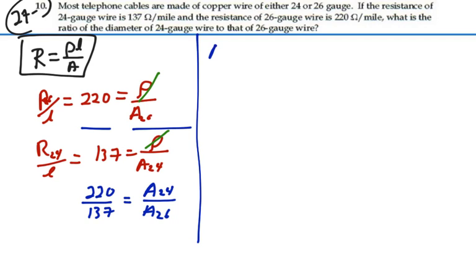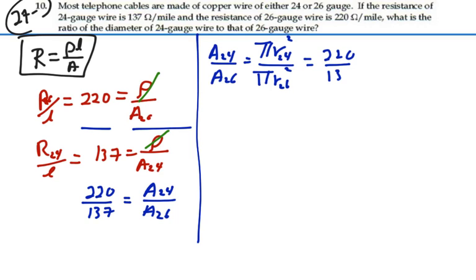So the cross-sectional area of the 24 gauge wire to the cross-sectional area of the 26 gauge should be equal to pi times the radius of the 24 gauge wire squared over pi times the radius of the 26 gauge wire squared. And that is equal to 220 divided by 137.